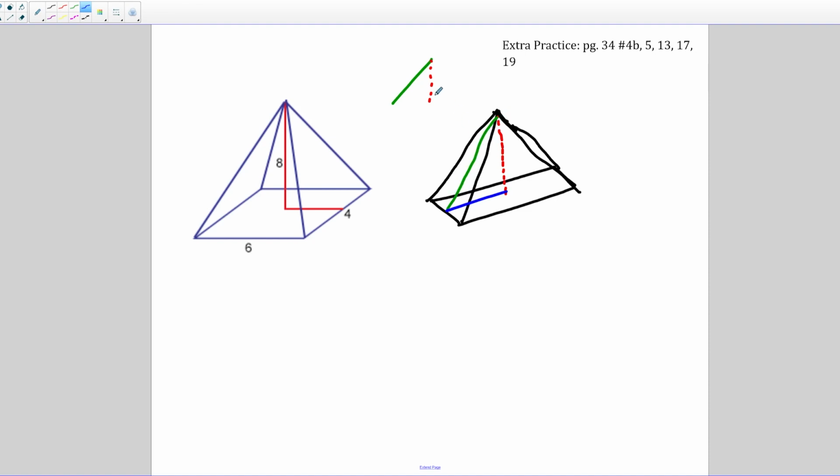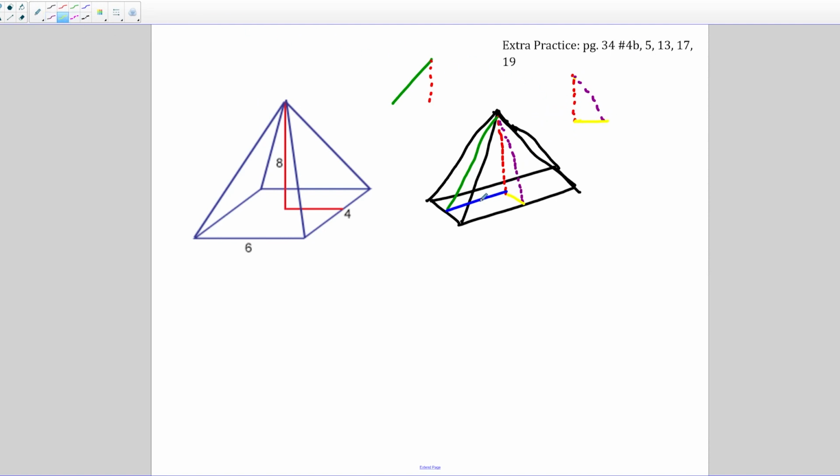So it does look fairly long. Now, let's say we were to draw another slant height coming down the front of the pyramid here, and then maybe a little bit of yellow. So that purple line, if we were to take this triangle here, that red dotted line again, and we were to turn it so that this purple side is on the right hand side, and then the yellow along the bottom.